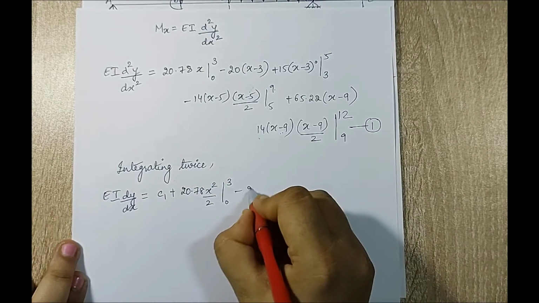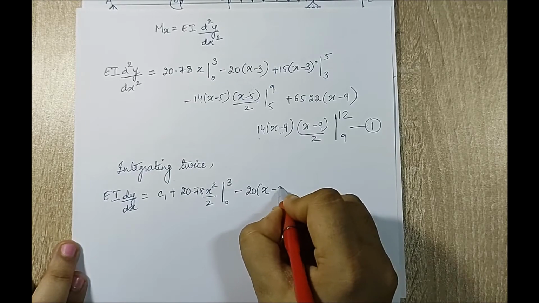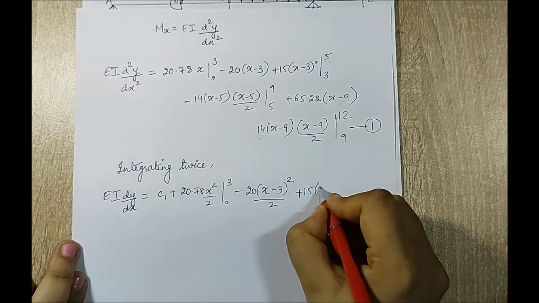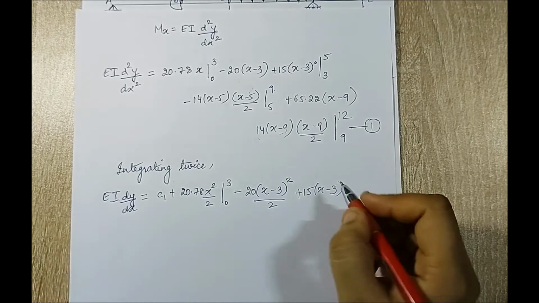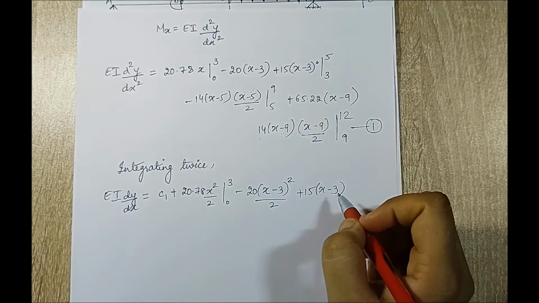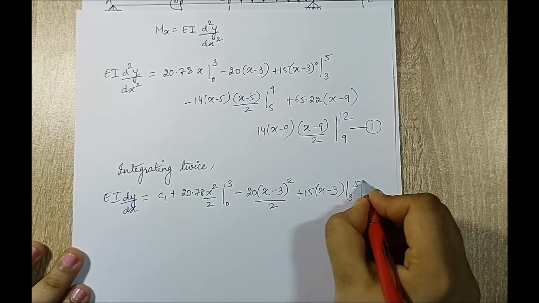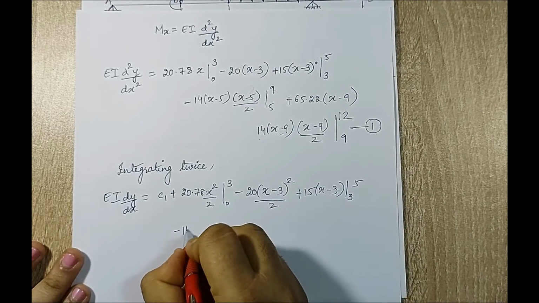Next term will be minus 20 into x minus 3 square by 2. Next term will be 15 into x minus 3. You can see here this term has gained momentum from 3 to 5.